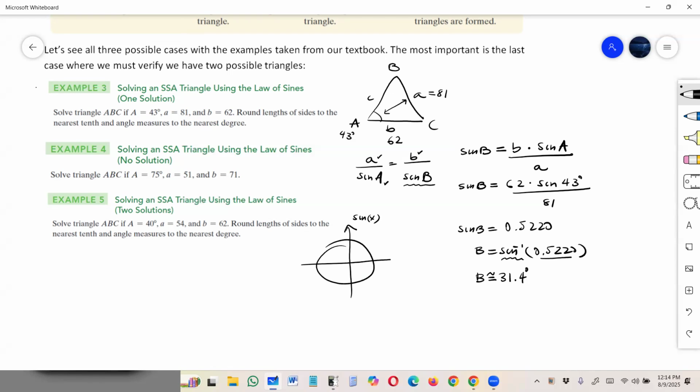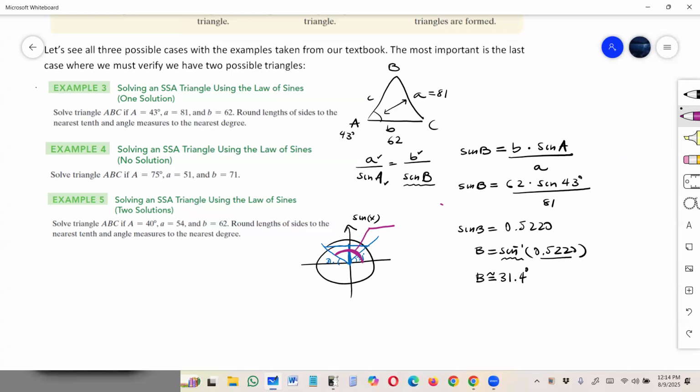One, I have 31 degrees, which is right here. The other angle is this angle right here, because the sine is this segment right here. So this angle is 31.4. So the other angle I'm looking for is this.